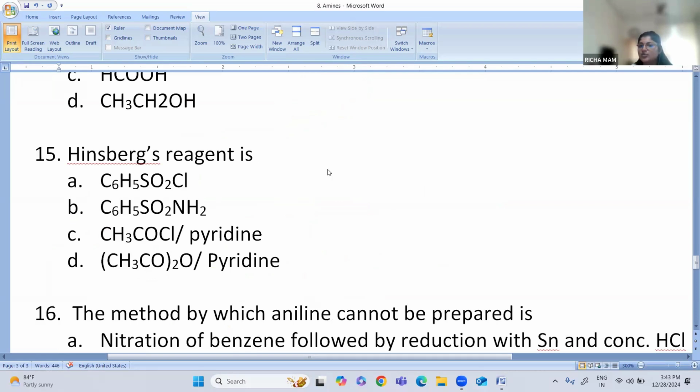Which is the Hinsberg reagent? Very important.